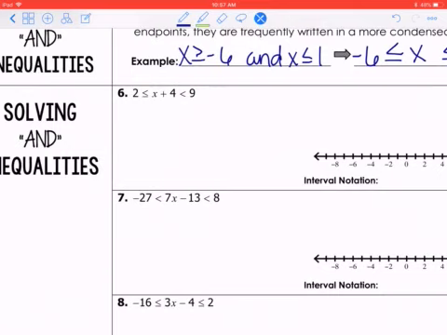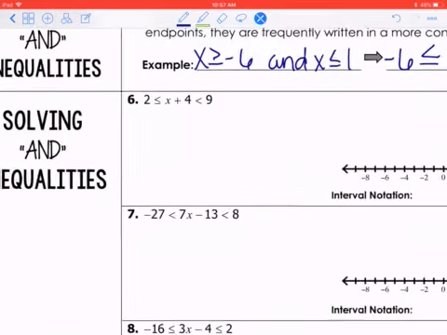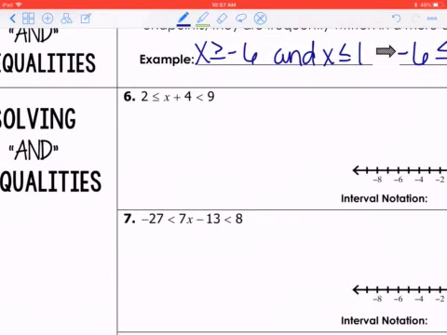So for 6, we have another AND statement. So I am going to solve these simultaneously. So what I mean by that is, even though we have a number and something to solve in the middle and another number, I'm still going to solve for my variable x by subtracting 4.